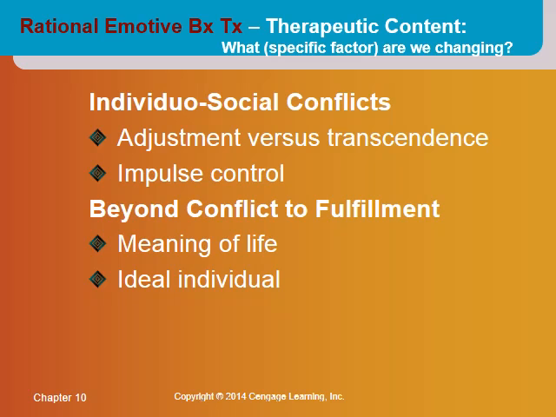And then one example around beyond conflict to fulfillment that we can talk about is Ellis's belief that there really is no such thing as meaning of life. He believes that meaning is only found in maximizing pleasure and minimizing pain.